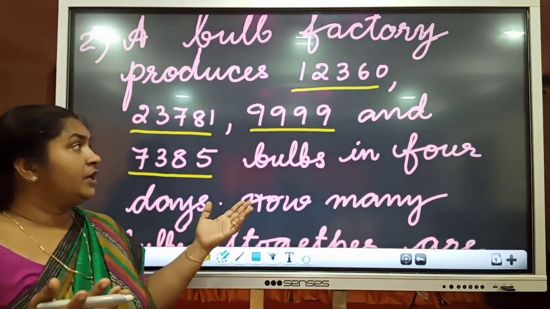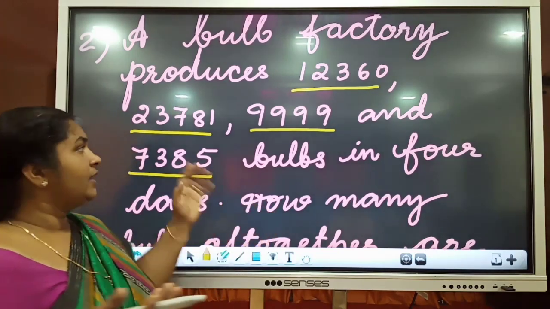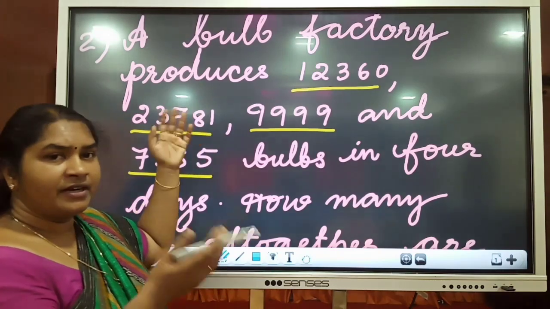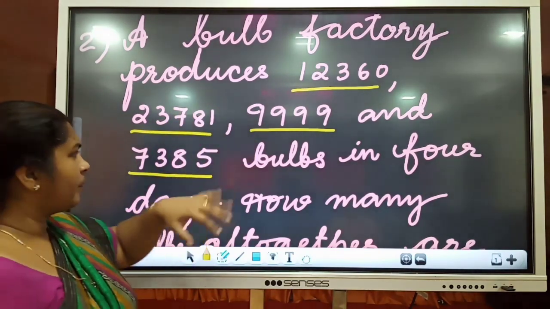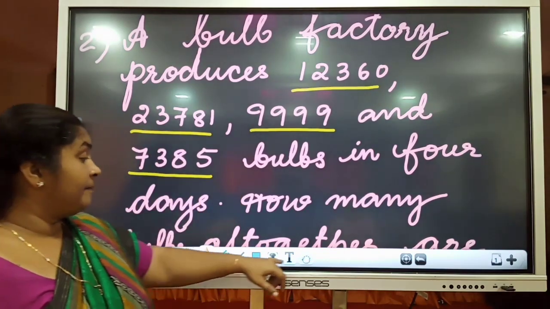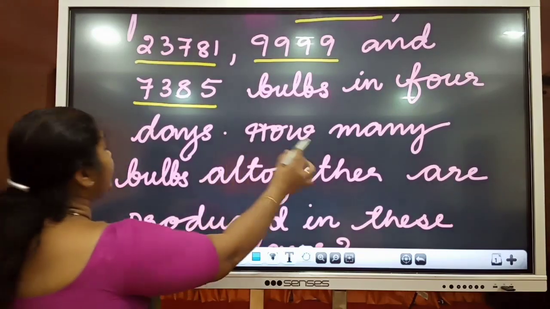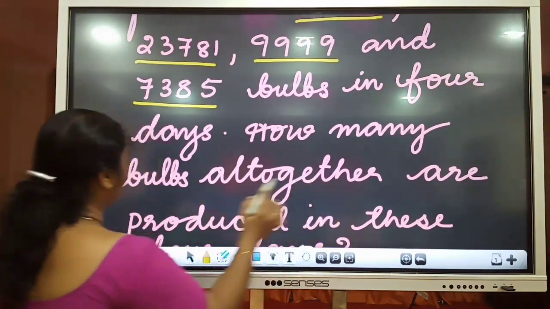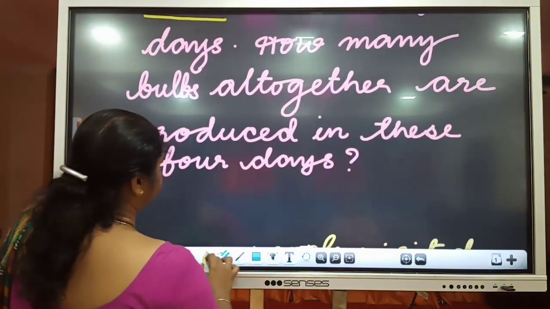Don't think that here and here a smaller number of bulbs were produced. Sometimes during COVID-19 the number of staff may be less. So these 2 days they did well and these 2 days fewer bulbs were produced. No problem, whatever may be the situation. What we should find out is how many bulbs altogether are produced in these 4 days.